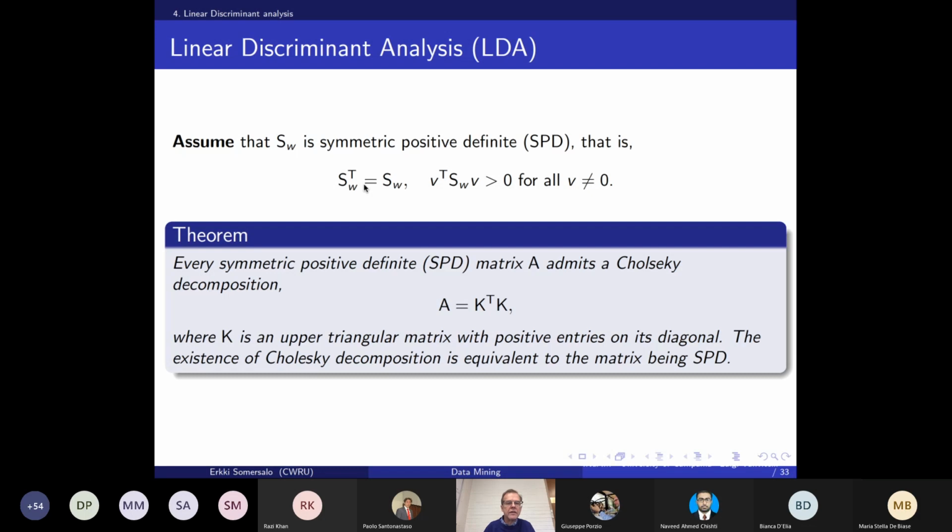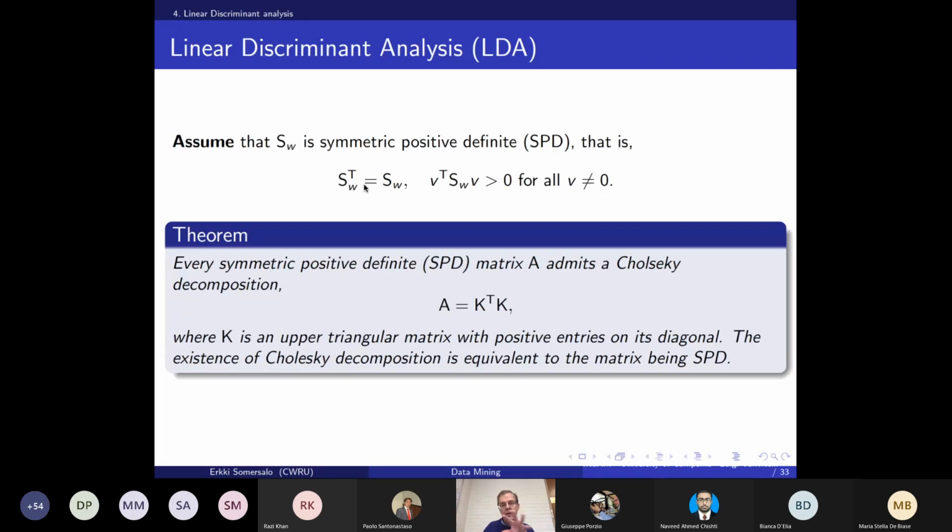There is no guarantee that this is the case. I develop the algorithm first with this assumption. At the end, I come back to this assumption and see what needs to be done if this is not the case. So we do the algorithmic development assuming that the matrix is symmetric positive definite, and then we make a fix at the end if that is not the case.